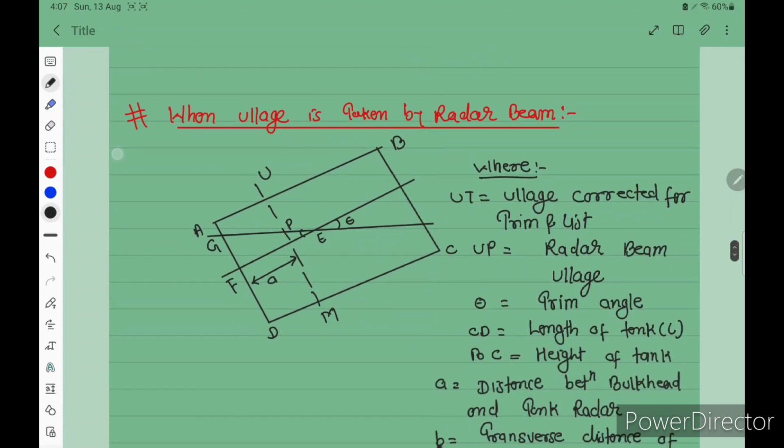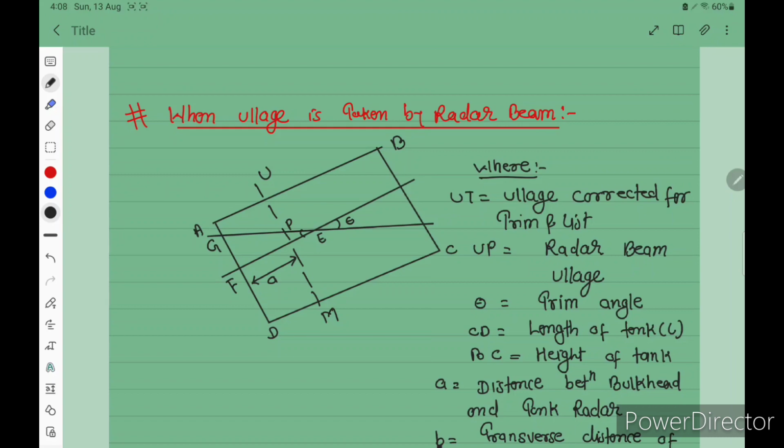Okay. When the ullage is taken by the radar beam, now see, on tankers every hour we check the figures, that is called ship-shore figures, so that we know there is not so much difference. This is also for pollution. If the oil is discharged, or oil is received, it is not going anywhere, it is coming directly from there and we are receiving.